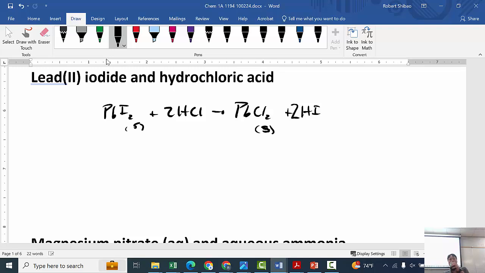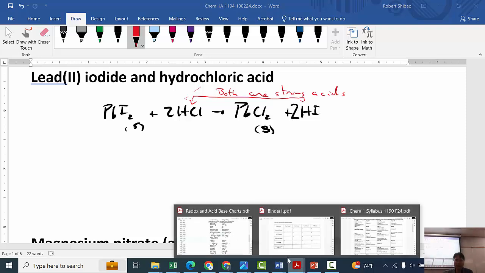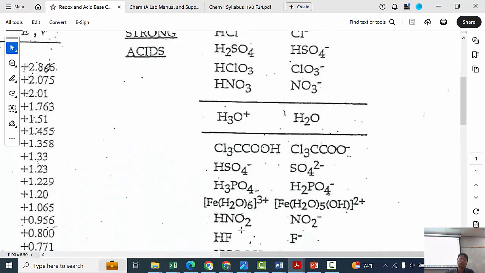And hydroiodic acid is aqueous. So one thing we could say is that both are strong acids. And what do we know about strong acids as far as their ranking goes in the acid chart?